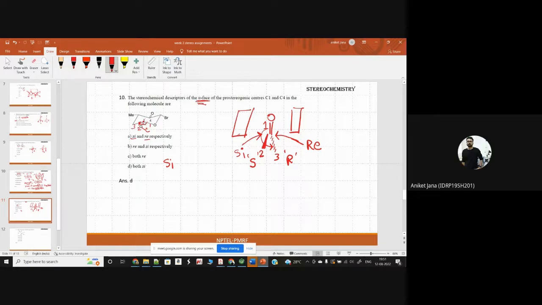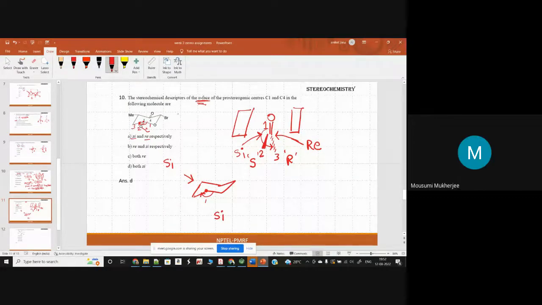Just see, we are seeing this structure from above, not from below. We are assigning this priority looking from above. So from above it is Re, so definitely from below it will be the Si face.